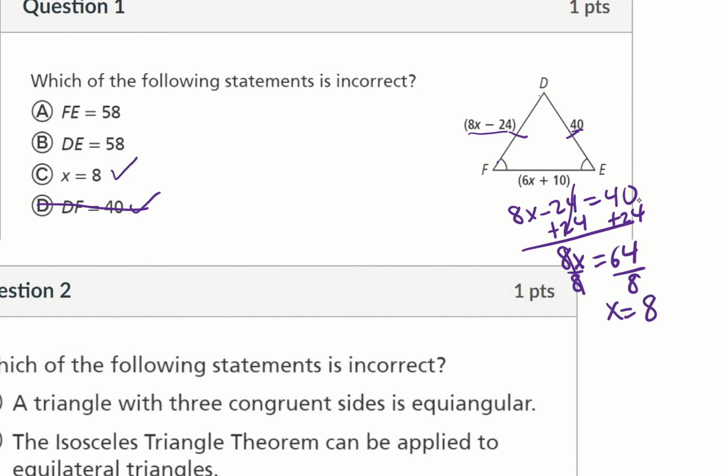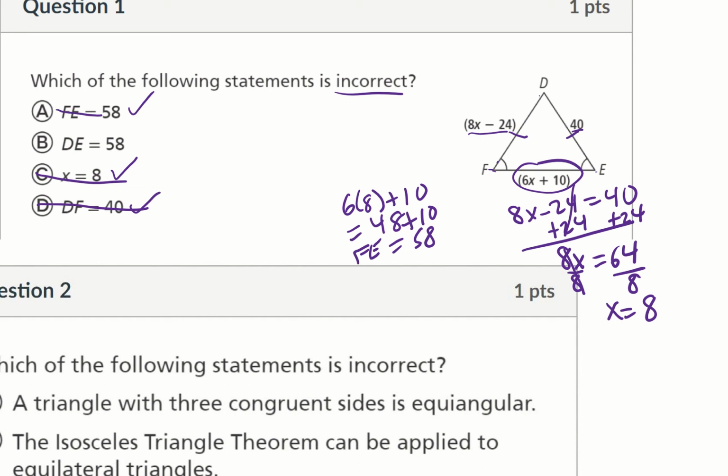This is true, which means it's not the right answer because we're looking for the incorrect one. If you plug 8 into the bottom side, you have 6 times 8 plus 10. 6 times 8 is 48, and 48 plus 10 is 58. That indicates EF, or FE, is 58, which is true. So this cannot be correct.